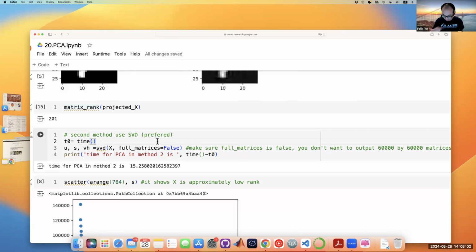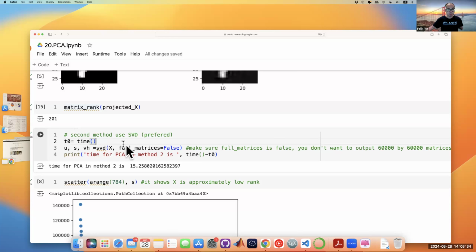That's why the singular value decomposition doesn't show its power. But if your big D is really large, like 60,000 or even more, then the first method will be extremely expensive, because big D by big D will be too expensive to store. Right now, big D by big D is only 784 by 784, which is much more manageable.